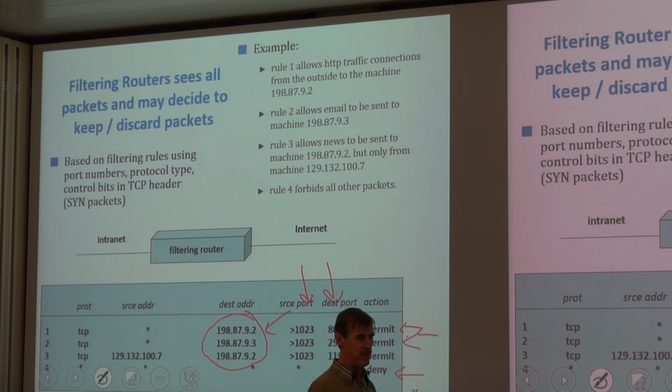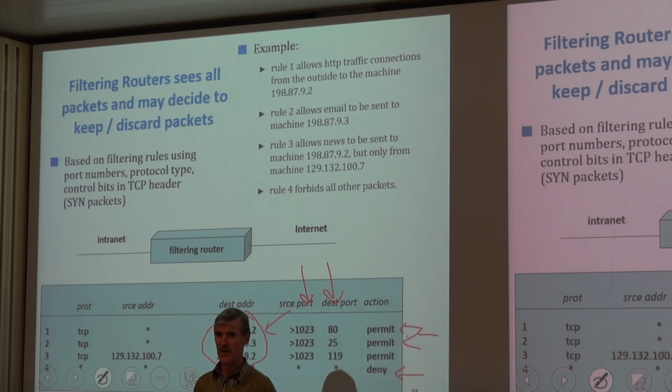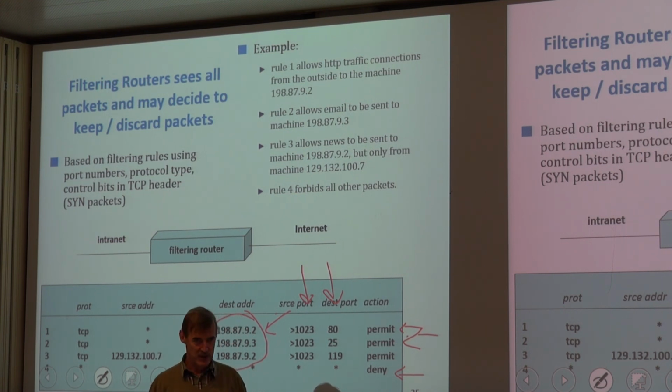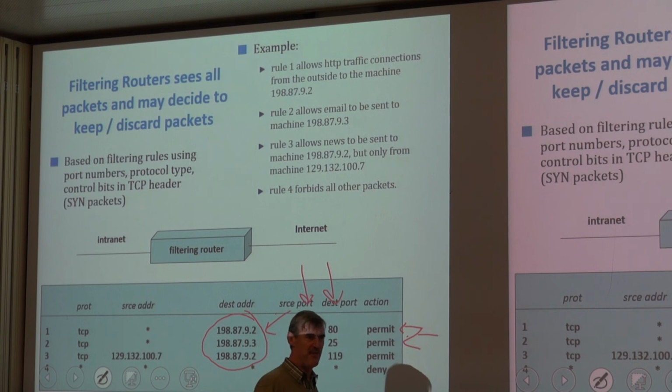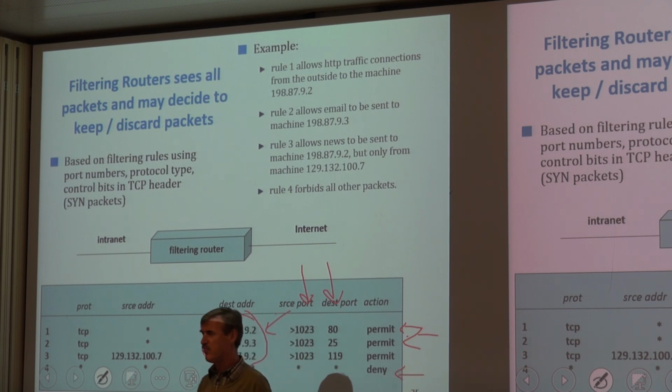So here we have a bank type firewall that forbids everything that is not explicitly allowed. So this router will allow very little. It will allow only traffic that goes to a few designated machines for a few designated ports. This is practically done everywhere in all boundaries between all private networks and public networks.